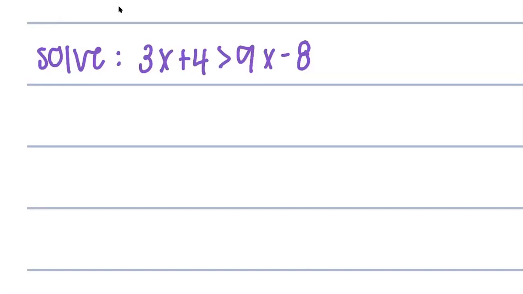So in this case, there are no negative numbers for now. We subtract 3x and we add 8 on both sides. So we get 6x is less than 12. And we simplify: x is less than 2.